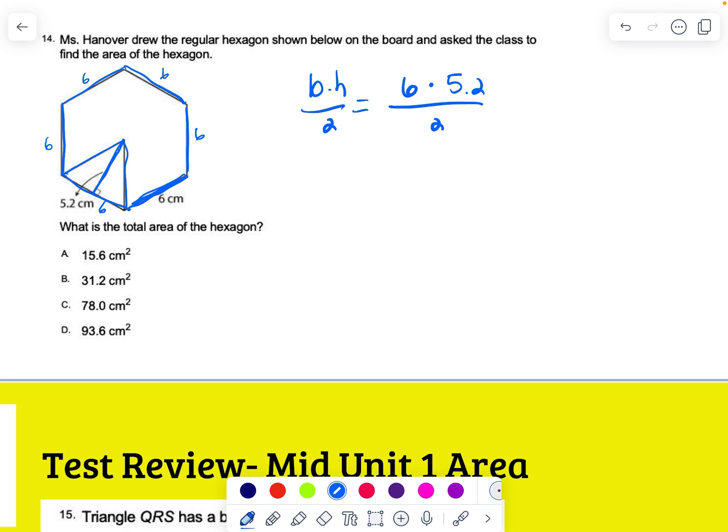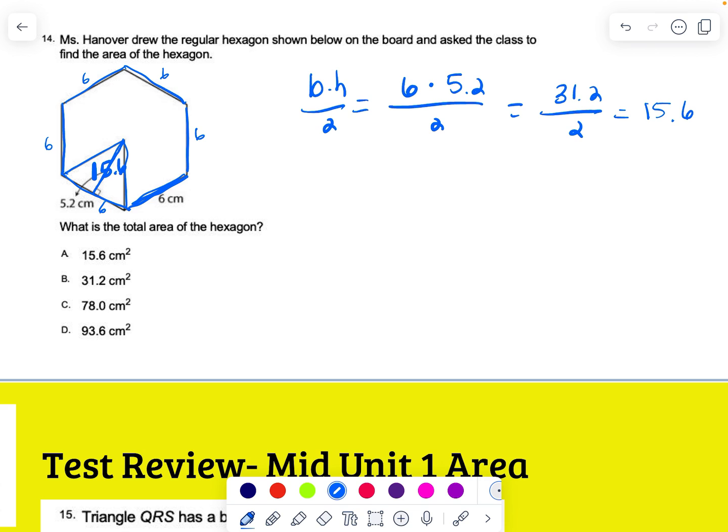So if I use my calculator, okay, there's the bell. It's going to get a little loud. You're fine. Okay, so 6 times 5.2 equals 31.2. So I have 31.2 divided by 2. If I divide that by 2, it's 15.6. So I know that this is 15.6.